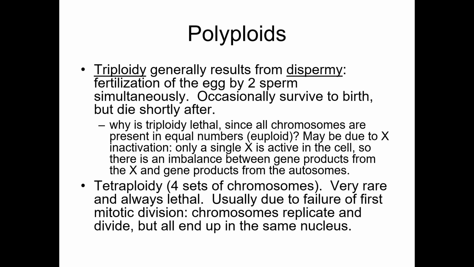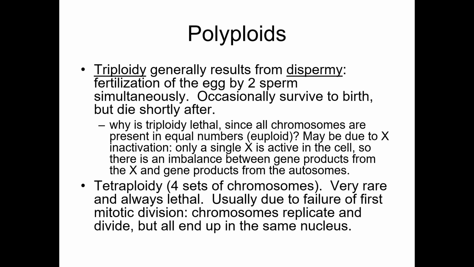Triploidy generally results from dispermy, the fertilization of the egg by 2 sperms simultaneously. Very interesting. Generally it doesn't happen. Only one is able to enter into the egg.